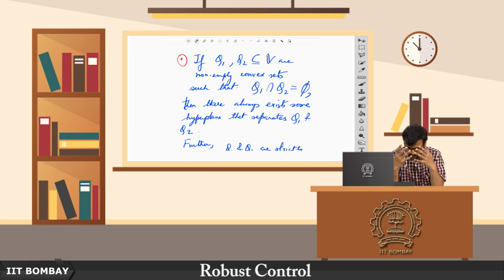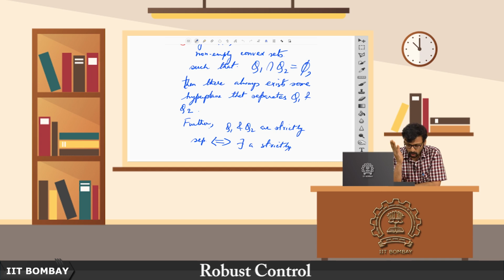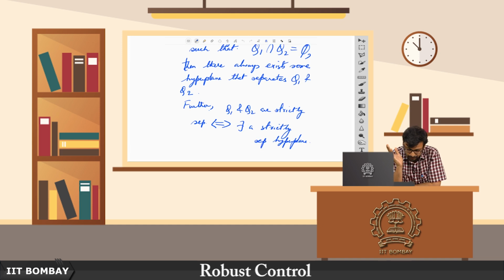So what is the condition that we figured? If two convex sets are disjoint, that is if their intersection is empty, then we saw that there always exists some hyperplane that will separate Q1 and Q2. Of course, you might be able to separate two sets not necessarily using hyperplanes, but if you can do it using hyperplanes, that makes things much easier, because we have seen how we can define hyperplanes using the objects called linear functionals.